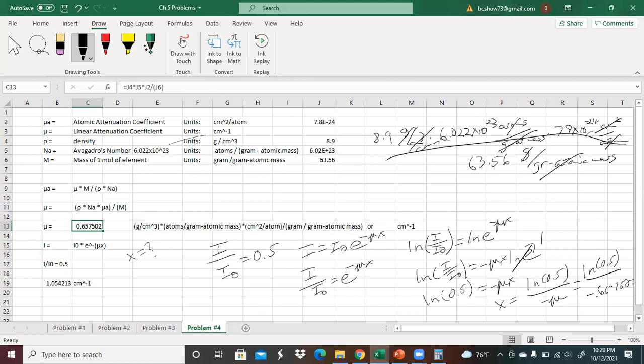And when you do that, you come up with this particular value. This is how much copper we're going to end up needing. This should actually be cm. Sorry, that's my mistake. So that's how you would work that particular type of problem.